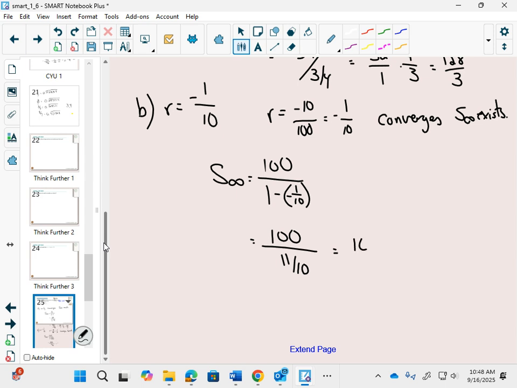Multiply by the reciprocal, 100 over 1 times 10 over 11, which is 1,000 over 11, which as a decimal happens to be 90.90 repeated.